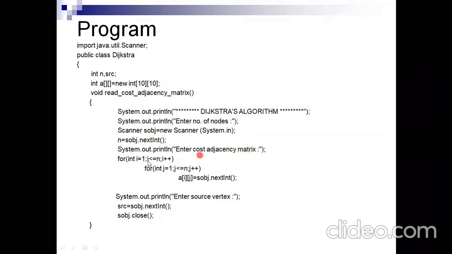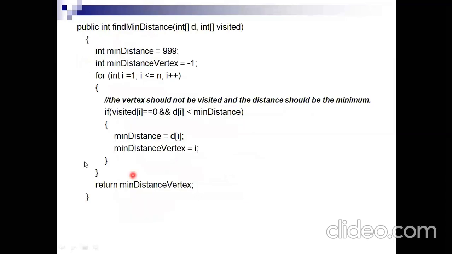I am starting the vertex numbers from 1. So the for loop should iterate from 1 to less than or equal to n, and the values will be stored in the array A. And also ask the user to enter the source vertex, which will be stored in SRC. And the scanner class object is now being closed. Now, the other method which we'll see here is int find minimum distance.